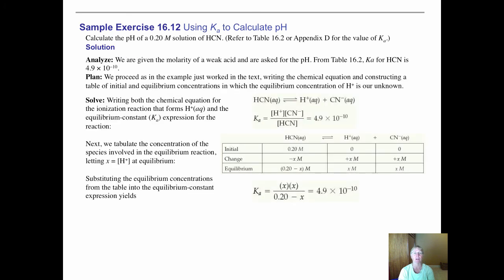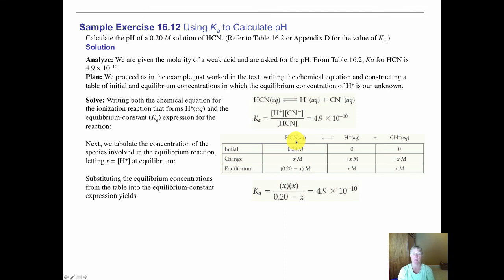Here is another problem in the textbook, which I would like for you to take a moment to copy into your PowerPoint notes. This one is using hydrocyanic acid. Notice it says to refer to a table or an appendix to get the value of the Ka. And I'd just like to point out, when the Ka is very small, times 10 to the negative 10, you always get to ignore the X in terms of change of the original acid concentration.